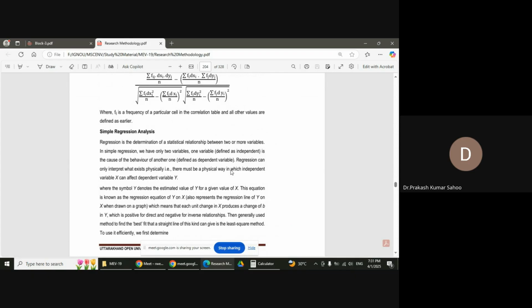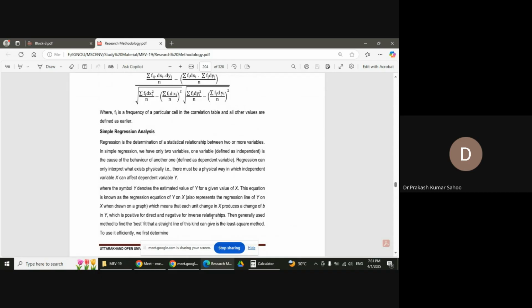Simple regression analysis. This is another regression. It is the determination of statistical relation between two or more variables. In simple regression, we have only two variables. One variable is independent and the other is dependent. Regression can only interpret what exists physically.